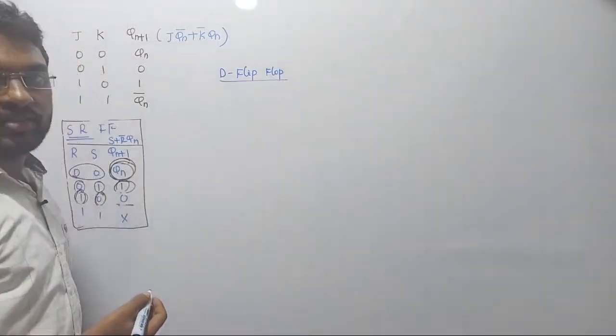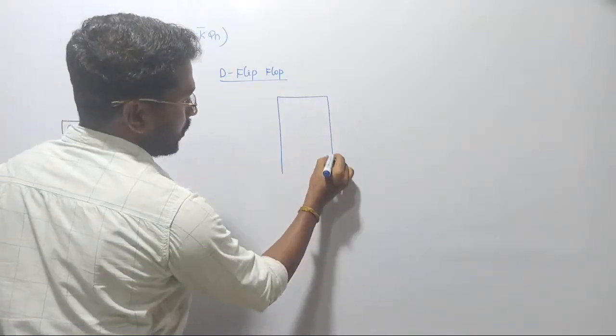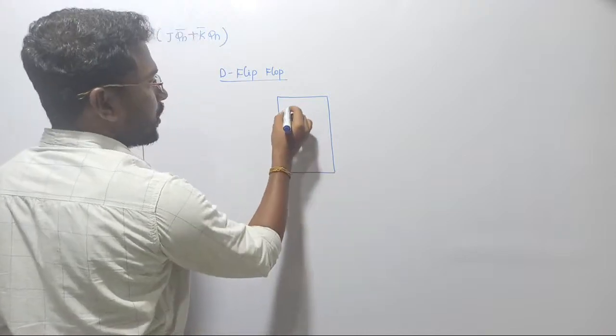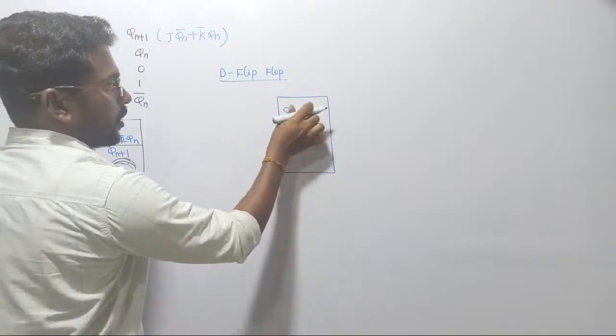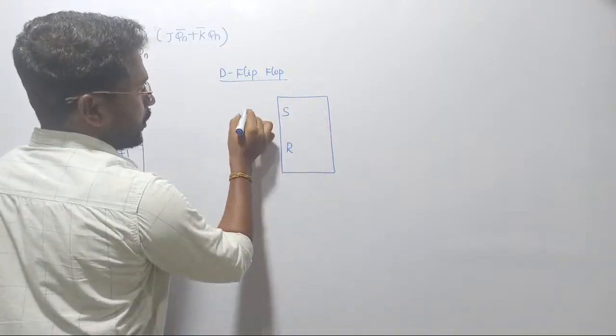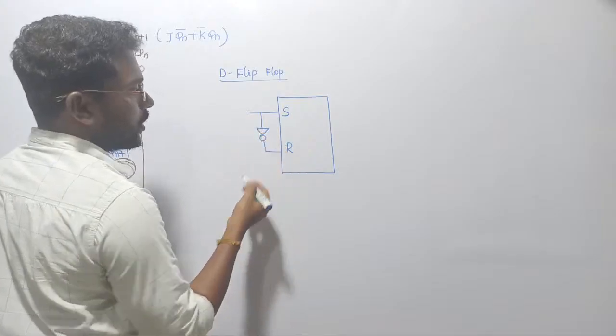In order to design the D flip-flop, I am going up from the SR flip-flop. Guys, listen. In the SR flip-flop, unnecessarily we are using two inputs. In order to overcome this issue, we are going up with the D flip-flop, right?